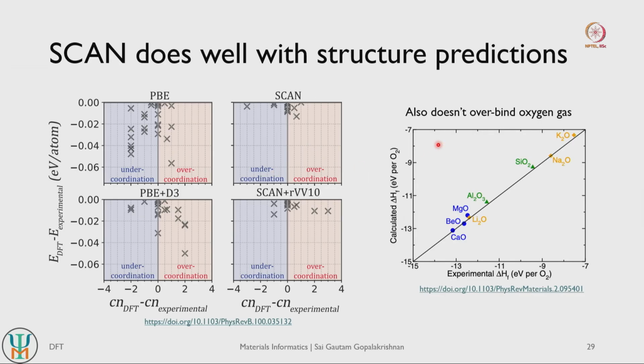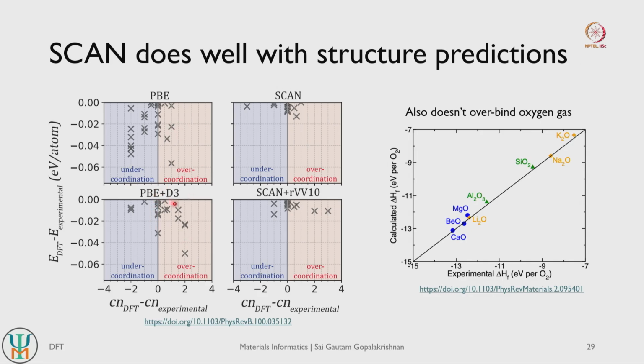So how does SCAN do with respect to predictions? This plot here shows the energy differences between DFT and experiments with different functionals, and also how the coordination number changes. So this is the coordination number of a given ion predicted with DFT, and this is the coordination number predicted with experiments. We see that in general, PBE has a tendency to under coordinate to a larger extent compared to over coordinate systems.